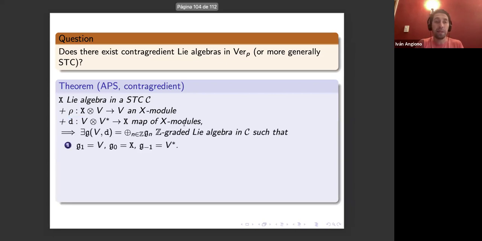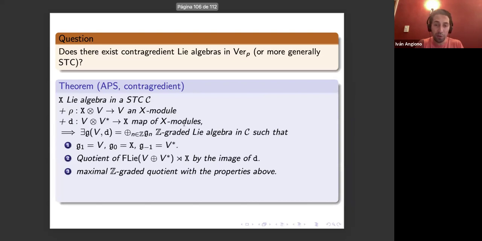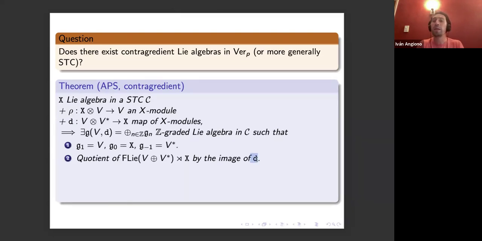What is this map D? Essentially, this map D is the replacement of [E_i, F_j] equals delta_ij H_i, let me say. This is the way to define the bracket between the things in degree 1 and degree -1 to go to degree 0. This is the map D.